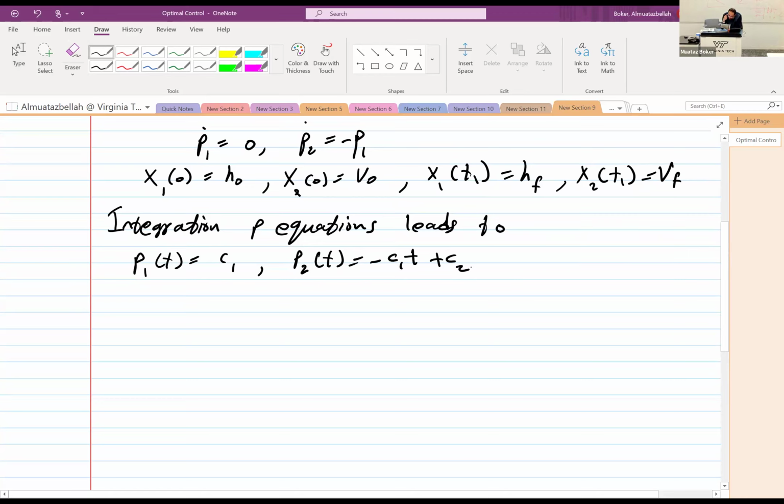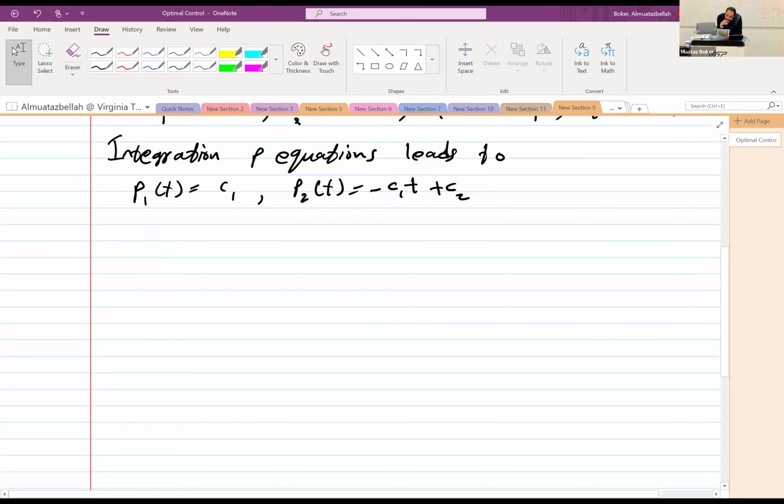Now P1 and P2 depend, of course, on these constants, C1 and C2, obviously. Okay, so you'll see where I'm going with this one.